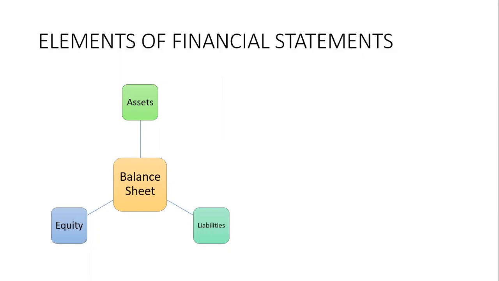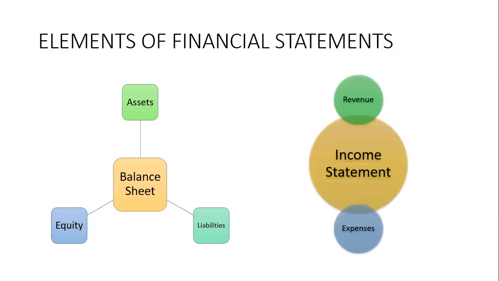And then the income statement is composed of revenue and expenses. Again, the balance sheet is composed of assets, liabilities, and equity, while the income statement is a composition of revenue and expenses.